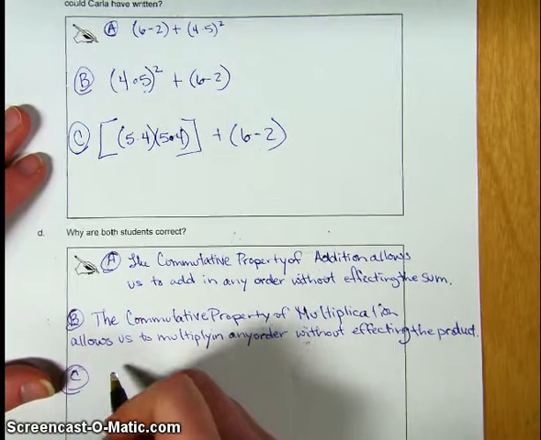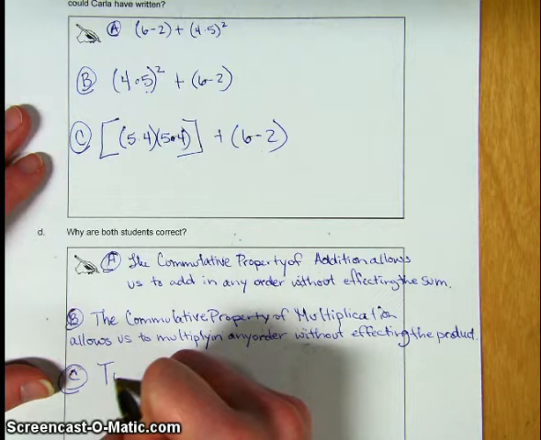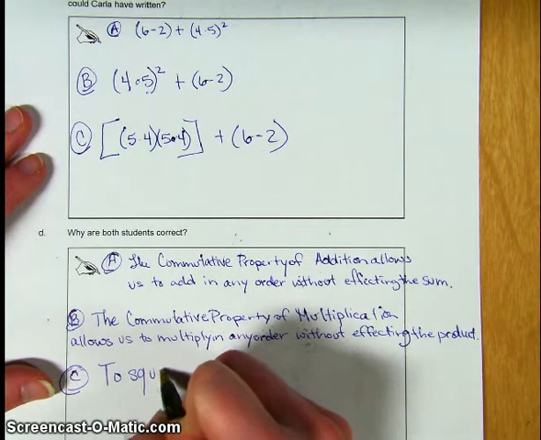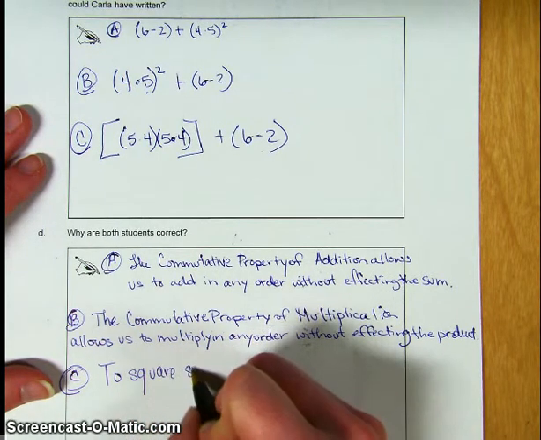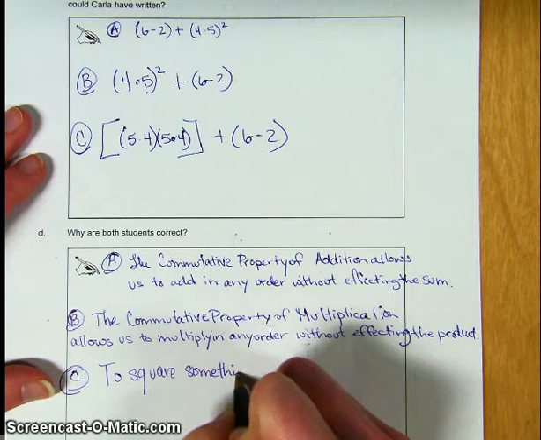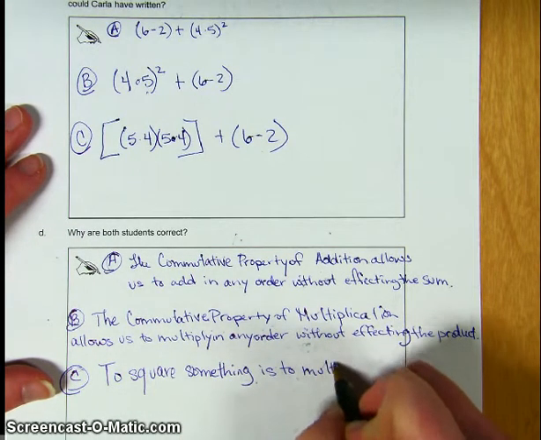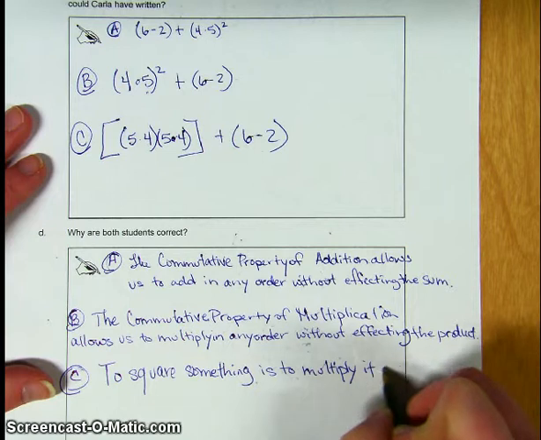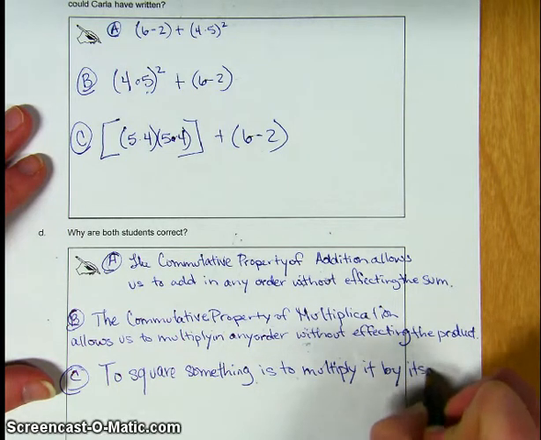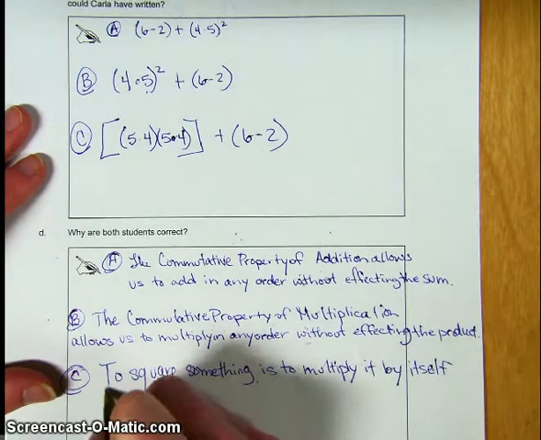So for C, our justification is to square something is to multiply it by itself 2 times.